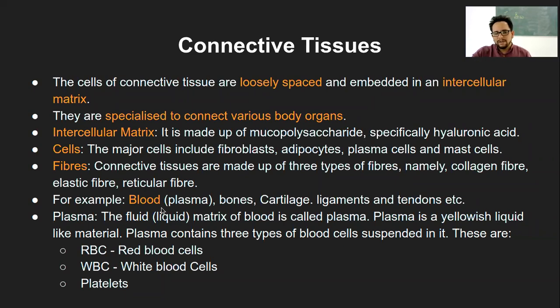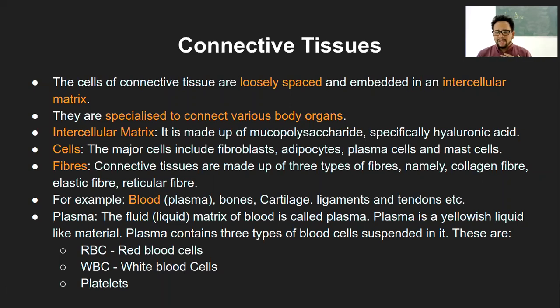Now the example of connective tissue being given here is blood, which is a type of fluid connective tissue. What we usually imagine of connective tissue is a solid structure, but there is an exception to this, that is blood, which is a fluid connective tissue. Then bones are of course a type of connective tissue, as are cartilages, ligaments and tendons.